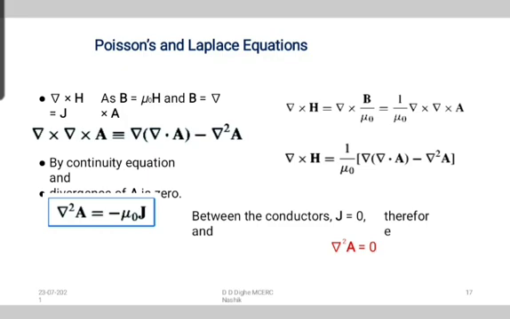Next, again the Poisson's equation and the Laplace equation. Del cross del cross A is del into bracket del dot A minus del squared A. The continuity equation is used here.